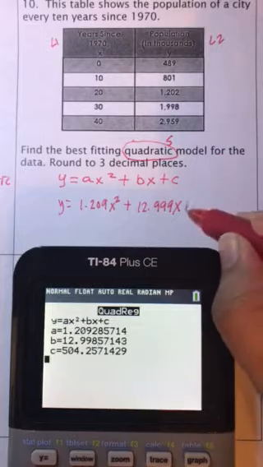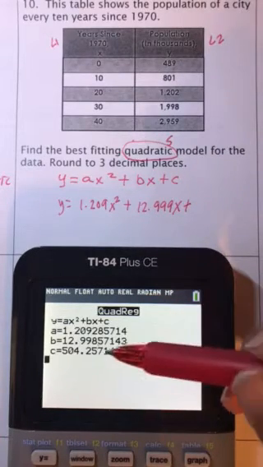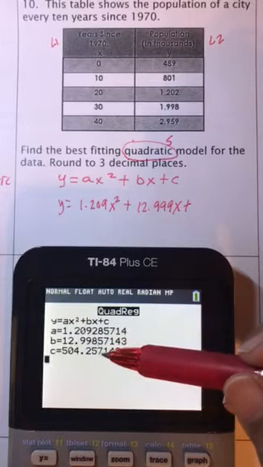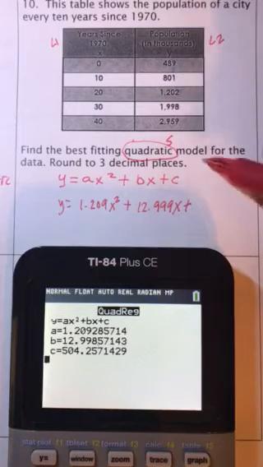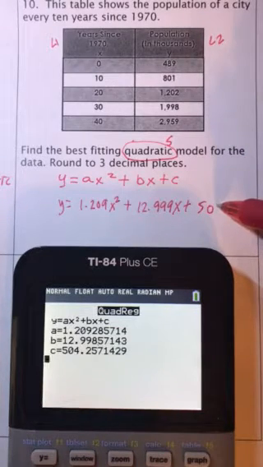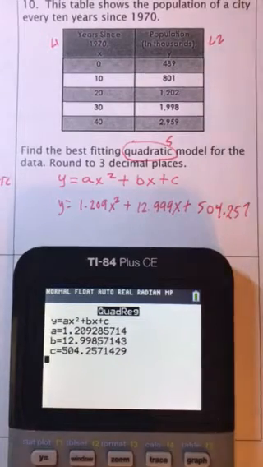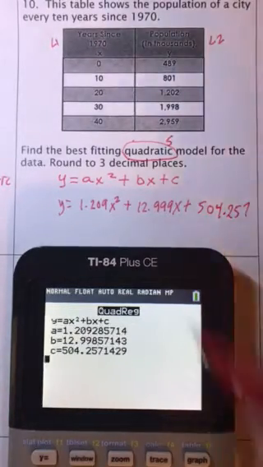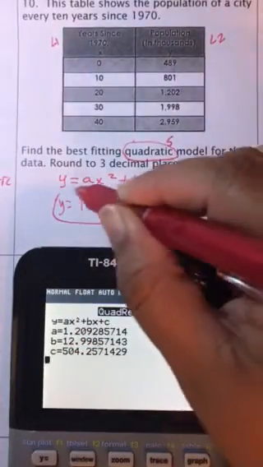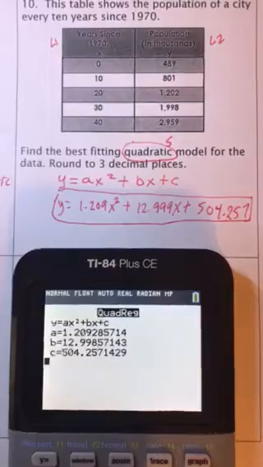And then the last one would be C, which is going to stay 7 because the 1 does not make it round up. So I have 504.257. And that's your equation. I apologize for my dogs, guys.